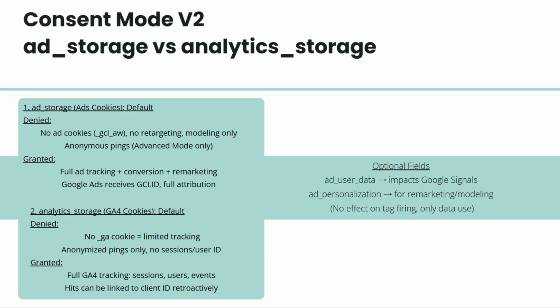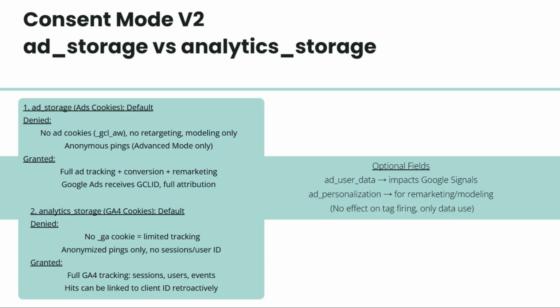If advanced mode is on, GA4 will still send a page view event but with no client cookie. GA will use a short-lived identifier just for that session/ping. This means GA4 collects a hit but can't recognize if two hits are from the same user except through modeling. As a result, the analytics data for unconsented users is extremely limited.